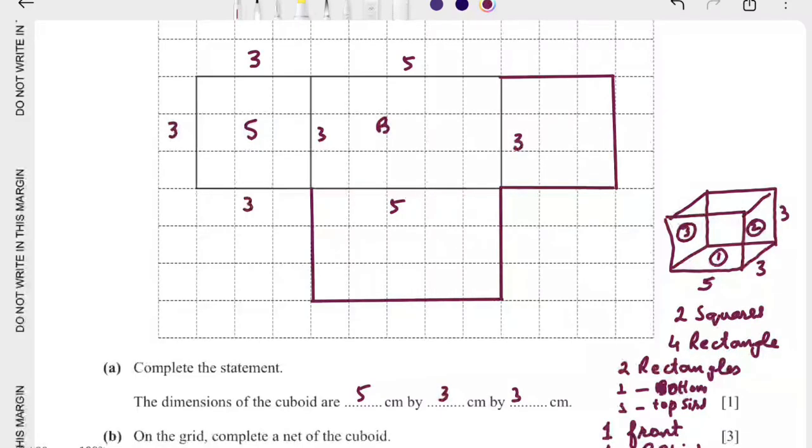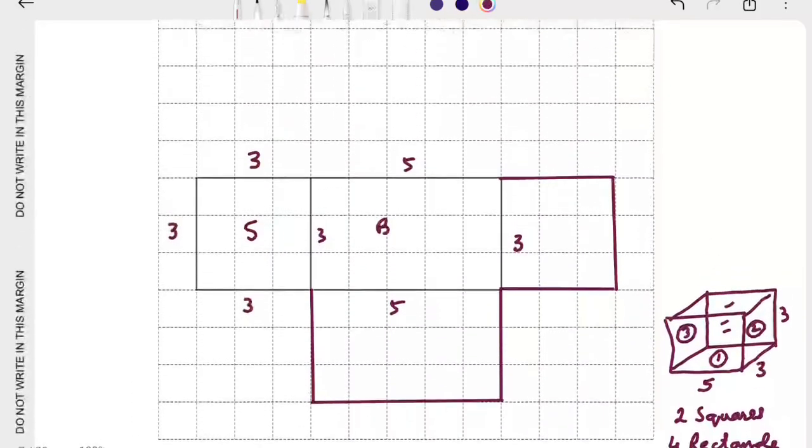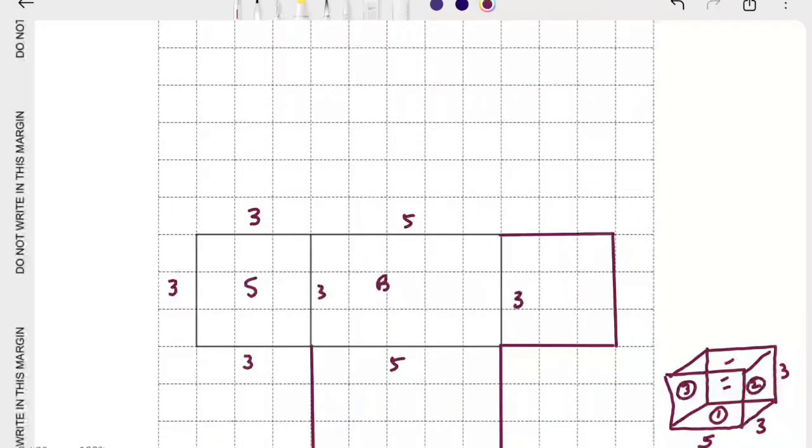The front one is also done. Now see the back one. Behind the front one is the duplicate of the front one, so it would also have the same lengths, 3 and 3 from this side, and 5 from this side.